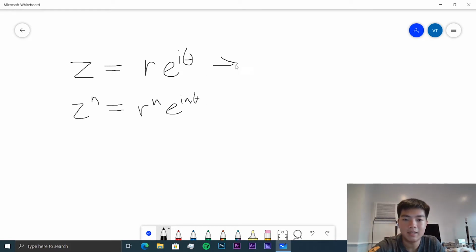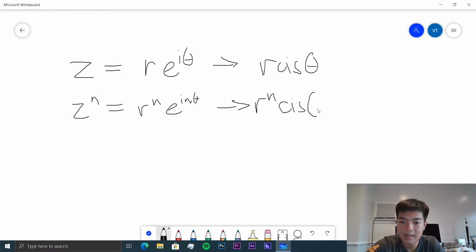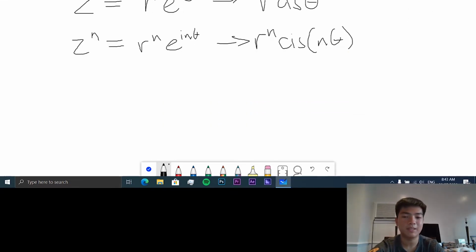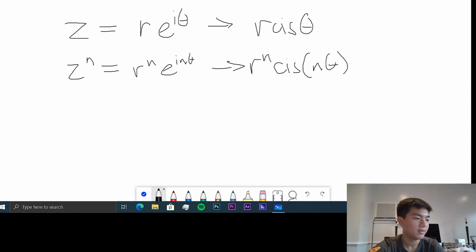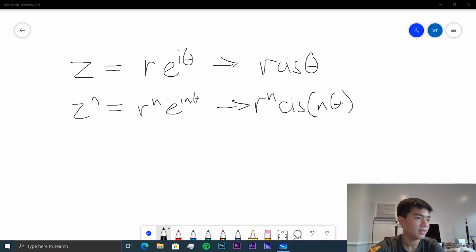Similarly, since this is equal to r cis theta, z to the n is equal to r to the n cis n theta. That's pretty much all we need to know, so now we can jump into some questions.